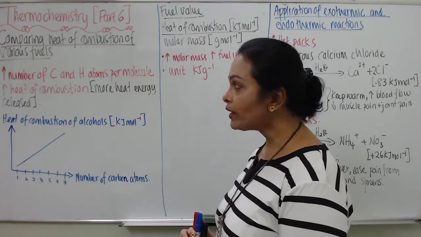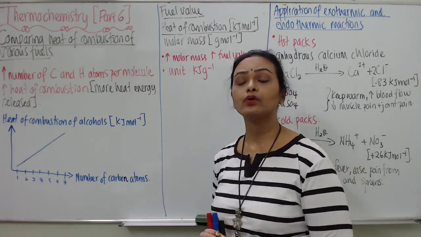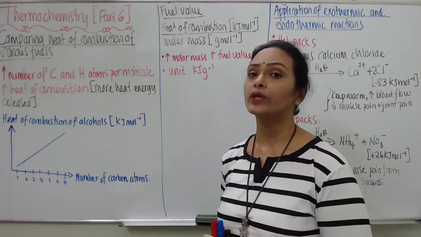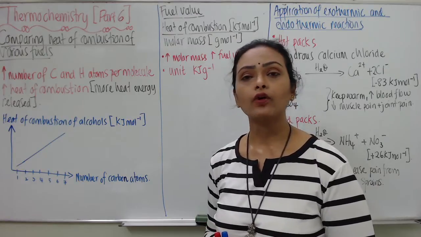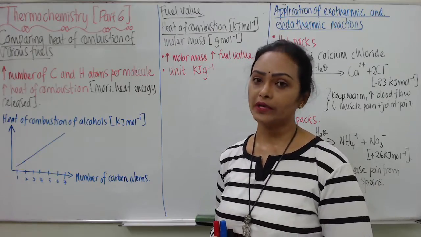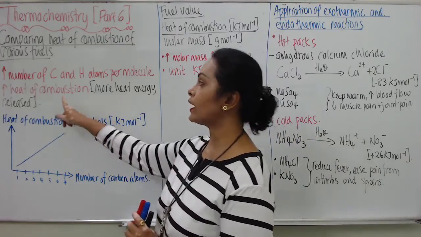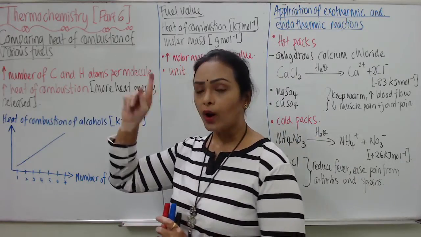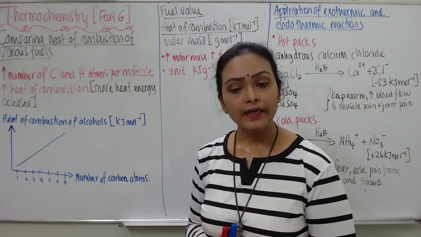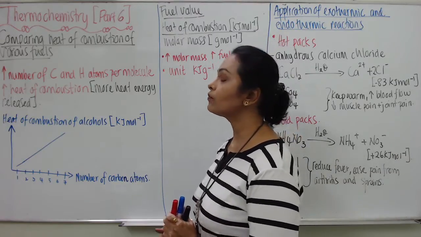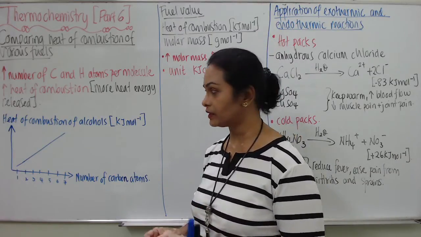Now, when the number of carbon and hydrogen atoms per molecule increases, the heat of combustion also increases. So that is what I have written here. So why does the heat of combustion increase when the amount of carbon and hydrogen atoms increases?